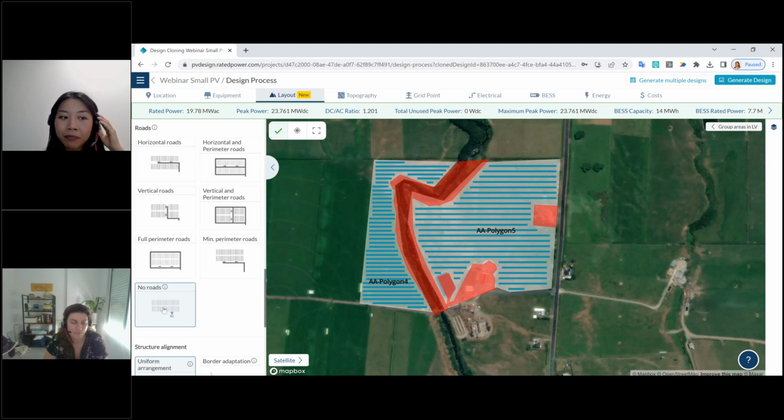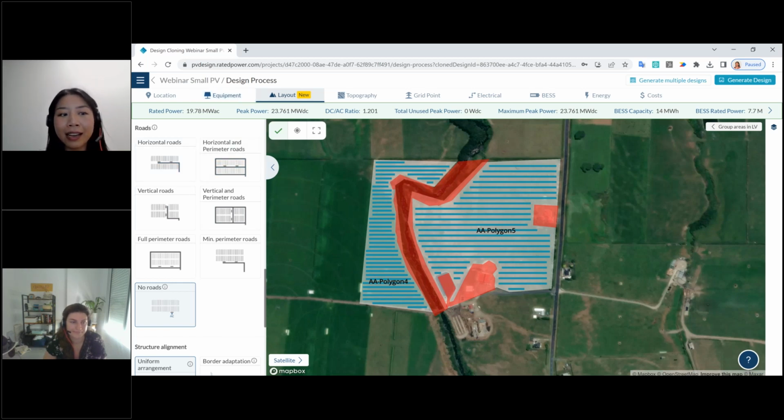I will allow no roads since the clearance is already enough for me to do normal maintenance or access to my power stations. And in this case, we can actually utilize more land without giving space to the roads that we normally consider for the bigger size of plants.